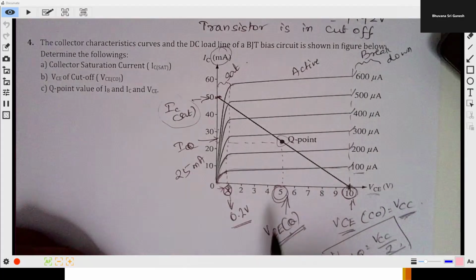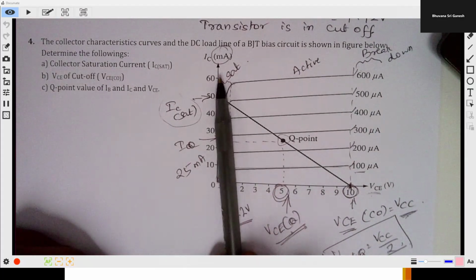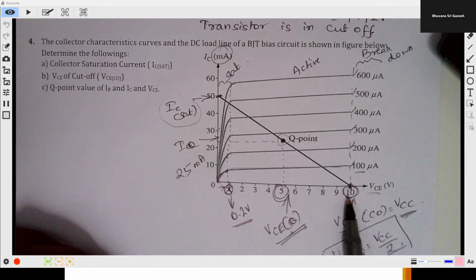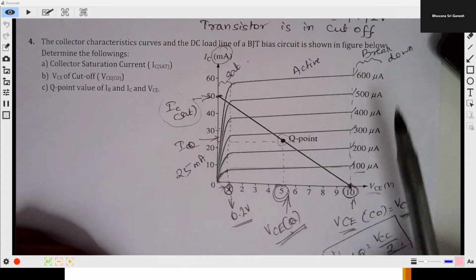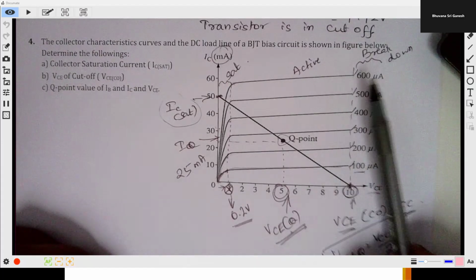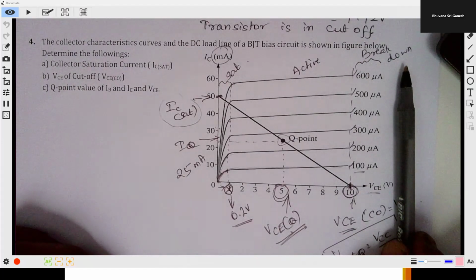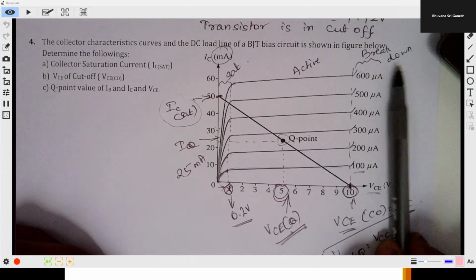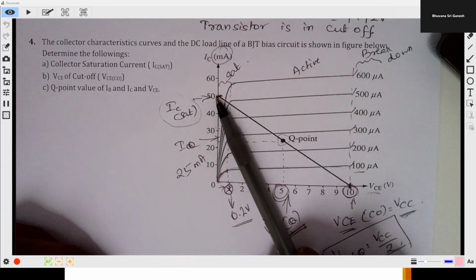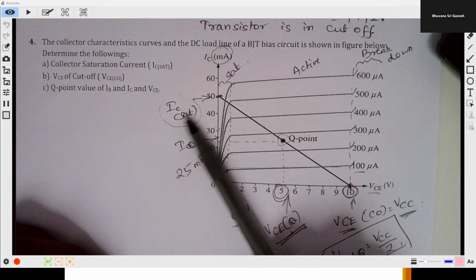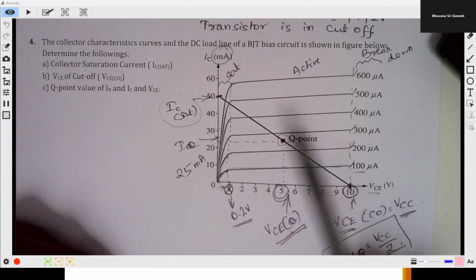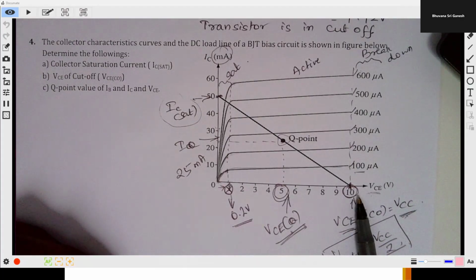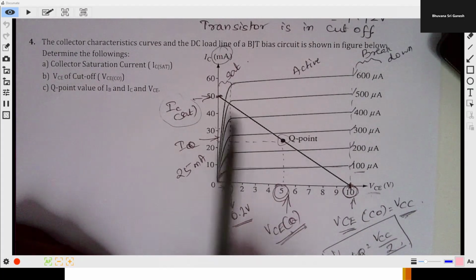The next region of the transistor characteristics, from here to here, which is 10 volts, the x-axis point for the DC load line, up to that it's the active region. Beyond this point is the breakdown region of the transistor. Now this line, joining the maximum collector current, called IC saturation, to VCC, the supply voltage on the collector side, is the DC load line.